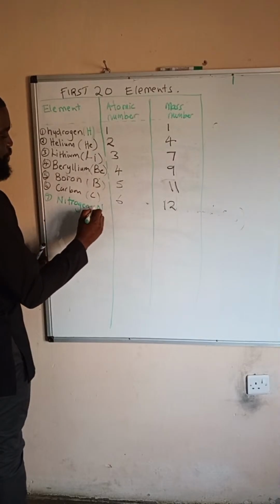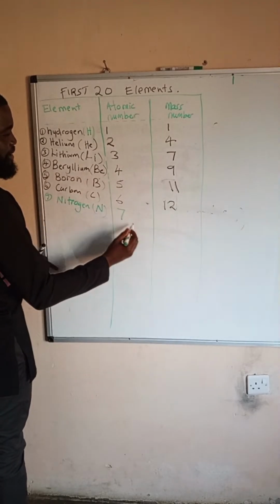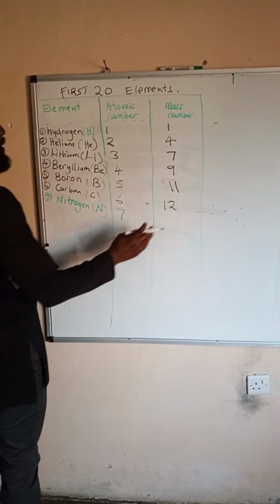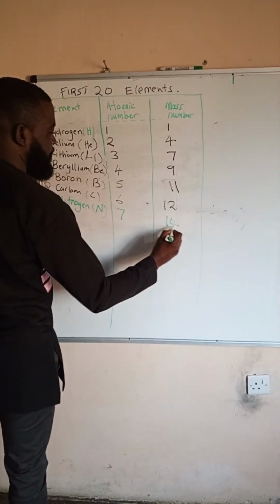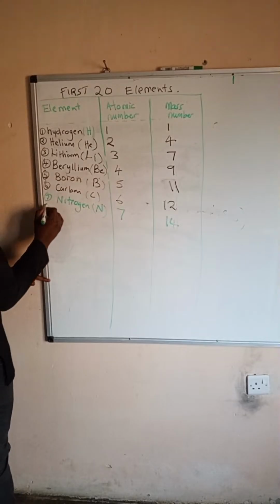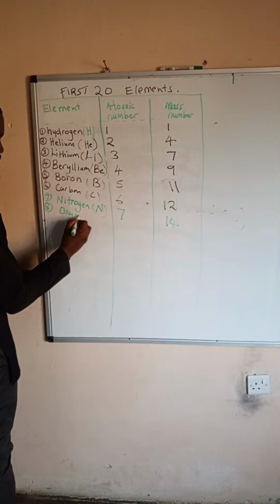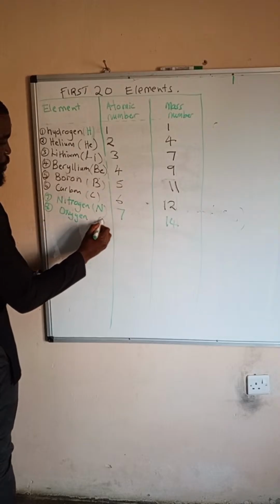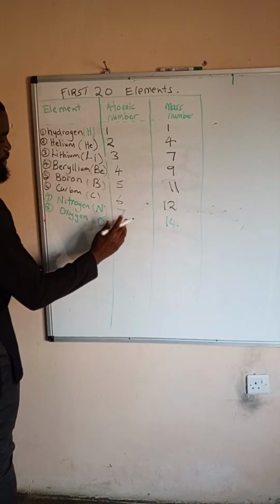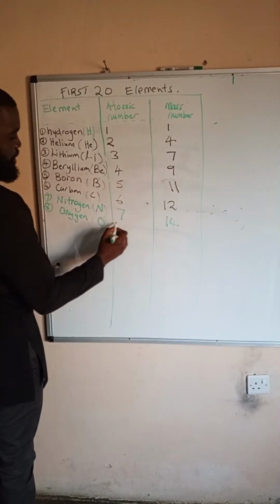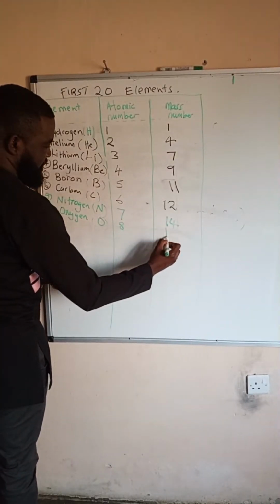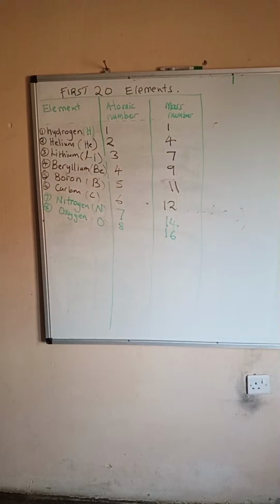Nitrogen, symbol N, is number 7, and then this side it is 14. Number 8, oxygen, symbol O. It is 8, this side 16.